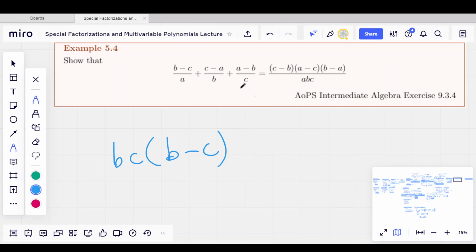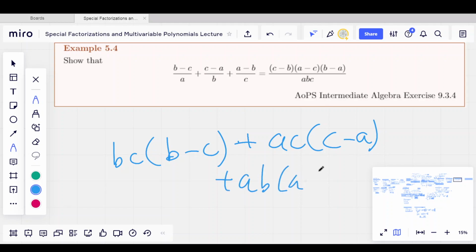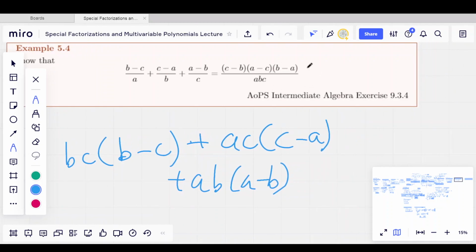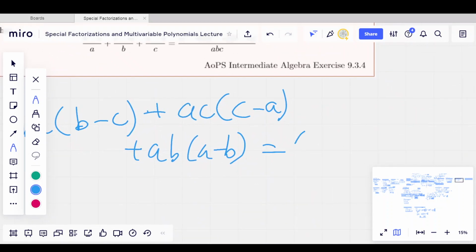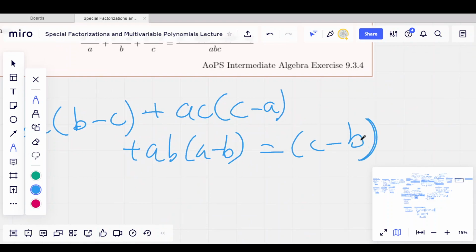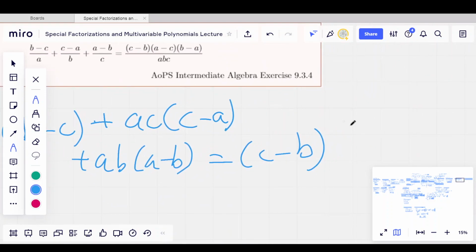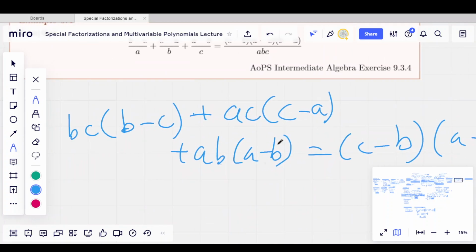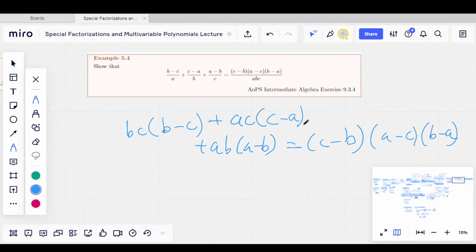And then you can kind of form a triangle right over here. So ac times (c minus a) plus ab times (a minus b). Because you're multiplying by abc, this would cancel, and then you get (c minus b) times (a minus c) and (b minus a).